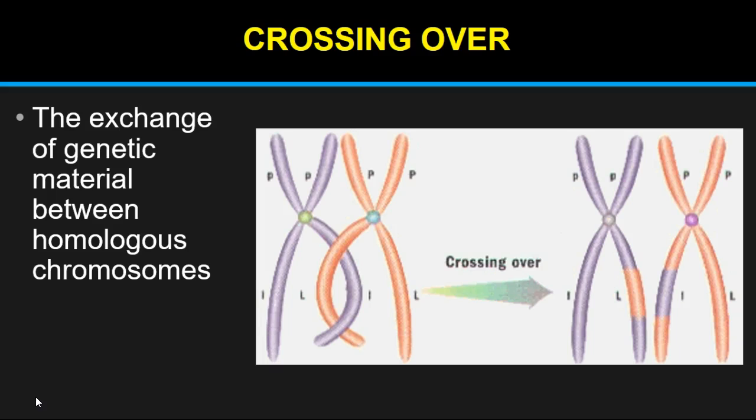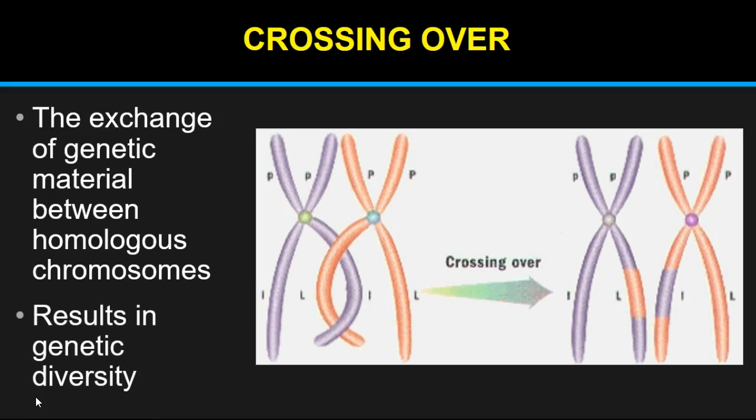And then if you look over at the picture on the right, you'll notice that a portion of the purple chromosome or chromatid has moved over onto the pink chromosome, and a portion of the pink chromosome has moved over onto the purple chromosome. This is called crossing over, and crossing over is important because it results in genetic diversity.